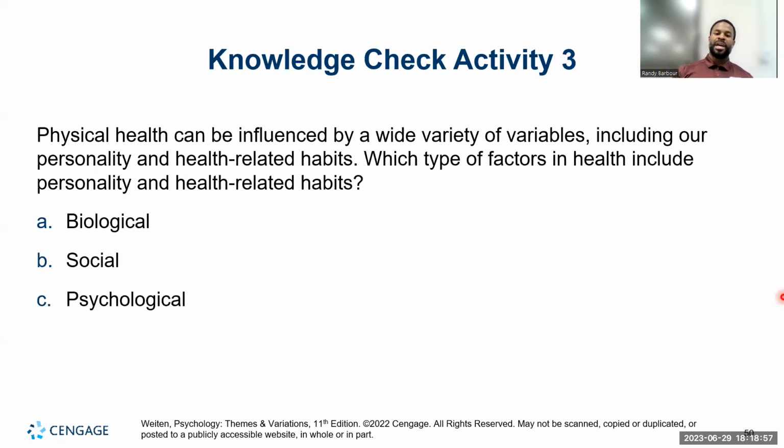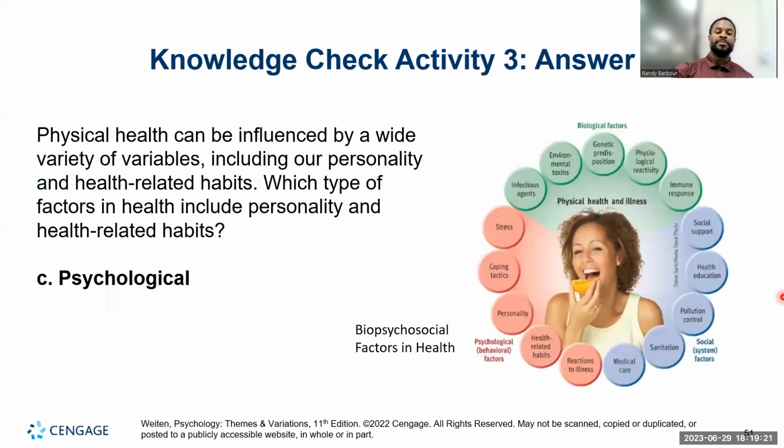Here's a question, kind of a knowledge check. It says physical health can be influenced by a variety of variables, including our personality and health-related habits. Which type of factors in health include personality and health-related habits? Okay? If you're thinking about personality and health-related habits, you should have selected C, psychological.